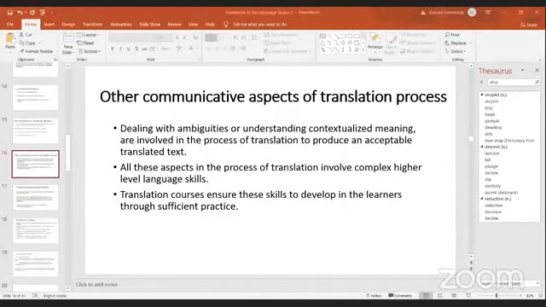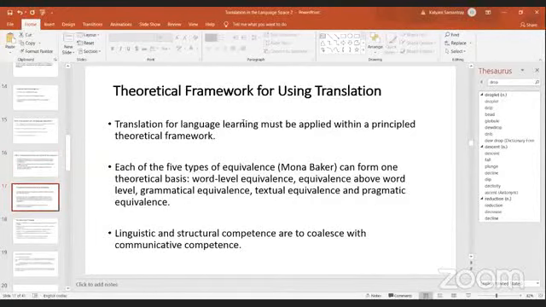So when we want to use translation as a communicative approach, we must think about a theoretical framework. This cannot be used randomly. A lot of failure of the communicative approach happened because it was not sustained by a theoretical framework.